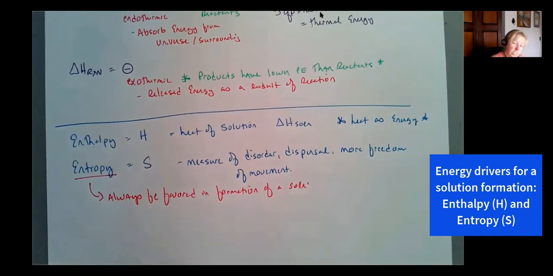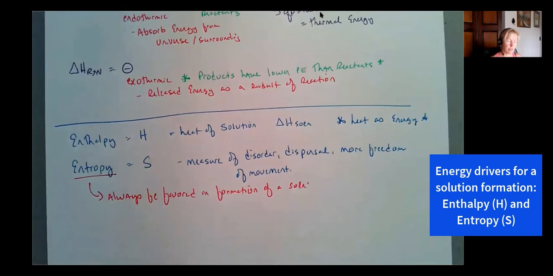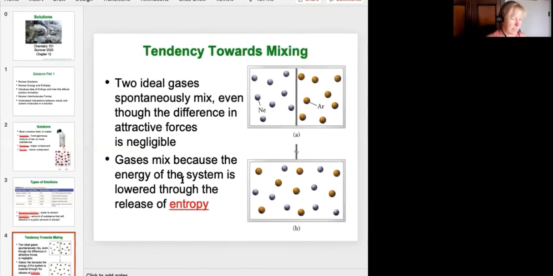It's not changing potential energy or kinetic energy. It's a different form of energy altogether. So enthalpy, remember, is heat, and that's how we traditionally think of energy. But entropy is also an energy term that's less something you can touch and feel and more of a theoretical concept. Gases are a very typical representation of what might happen in a solution that's being formed, because gases don't have a change in potential energy.